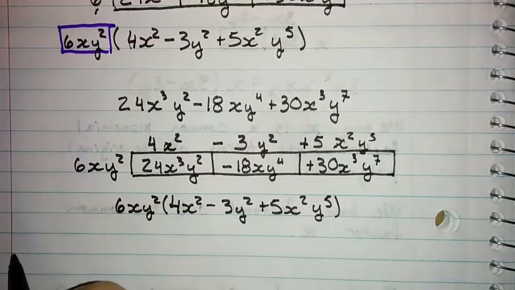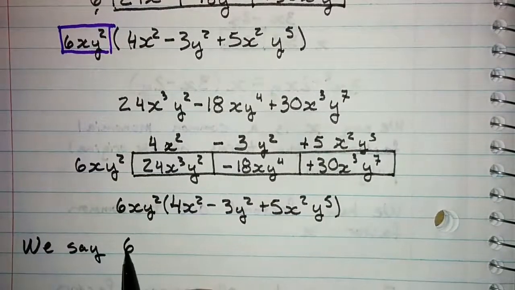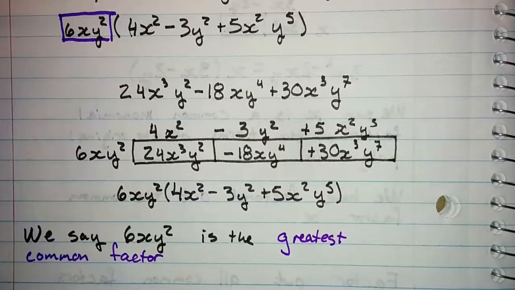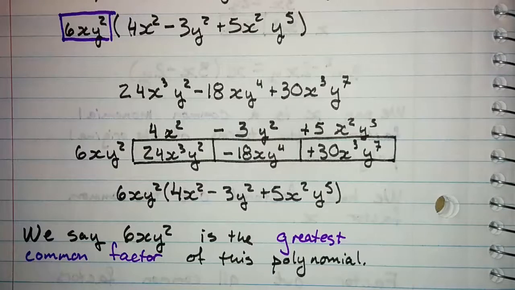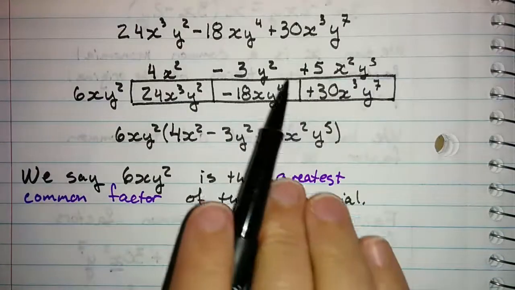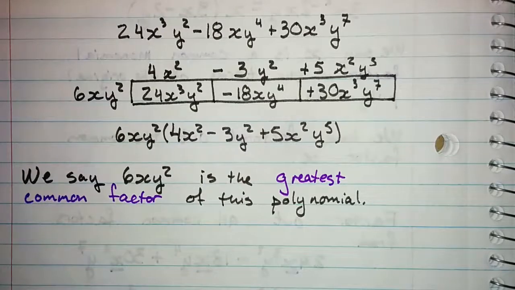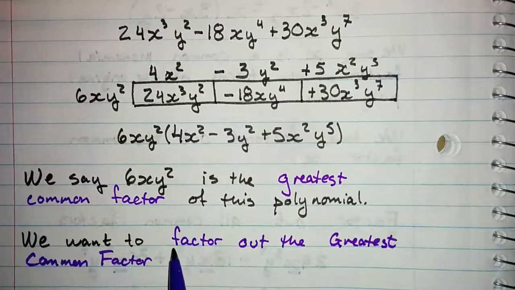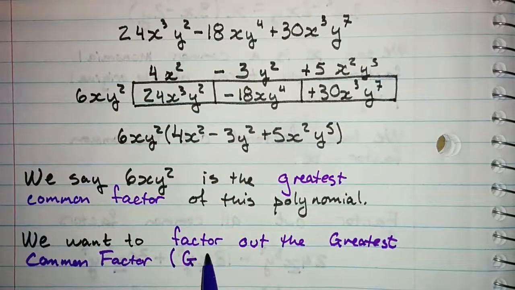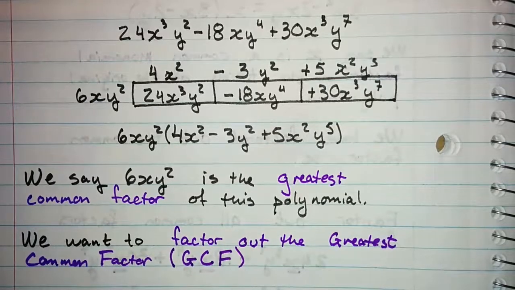We say, in this case, that 6xy squared is the greatest common factor of this polynomial, or technically of the terms of this polynomial. And the process that we see here is factoring out the greatest common factor. Because mathematicians are lazy, we will often write this as GCF.